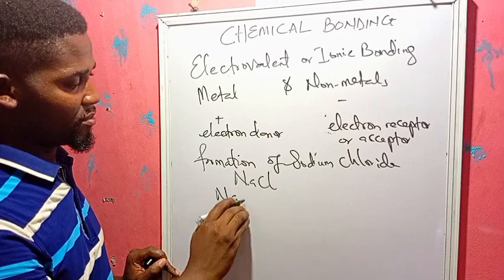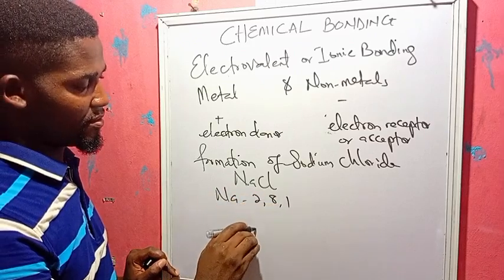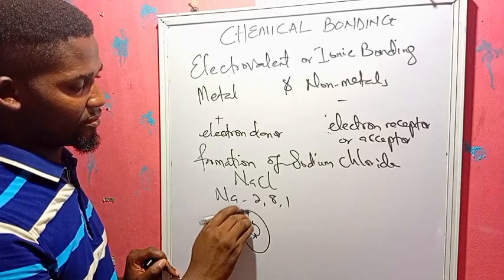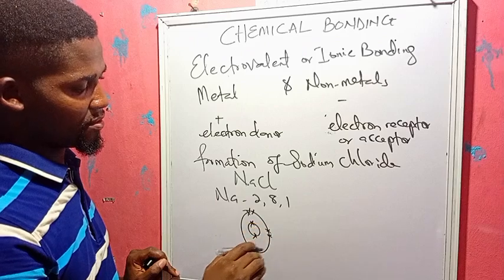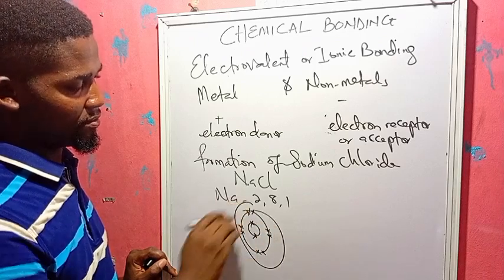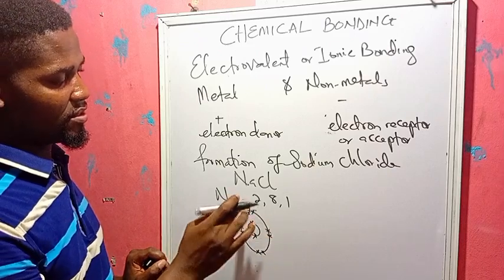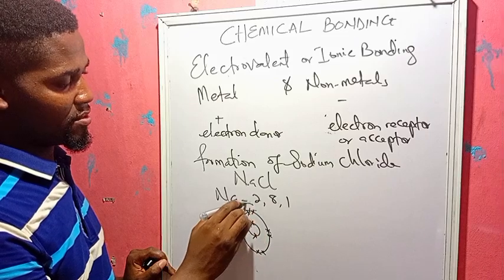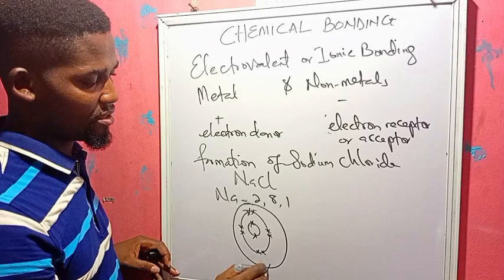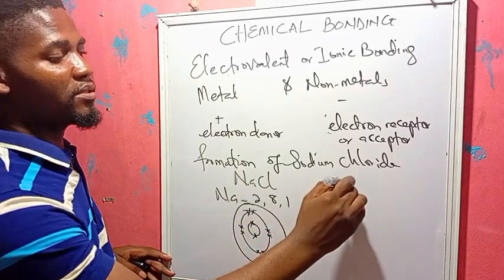Now, if you're going to draw the outermost shell, you can draw both of them. Sodium, which is 2,8,1. You can draw a very minute structure here. Let's put the other electron here. It's combining with chlorine.